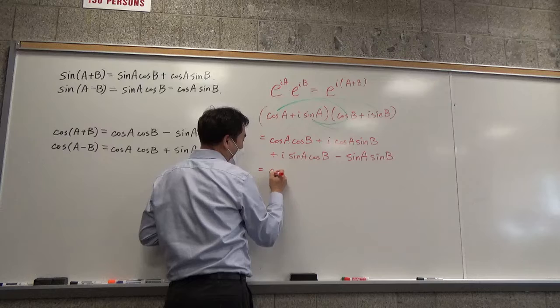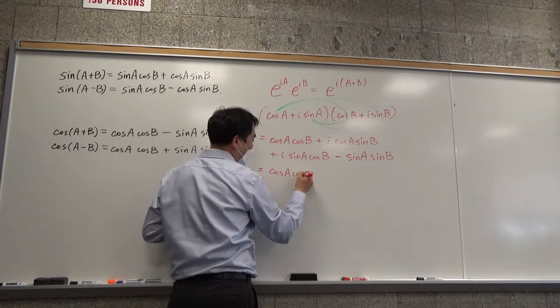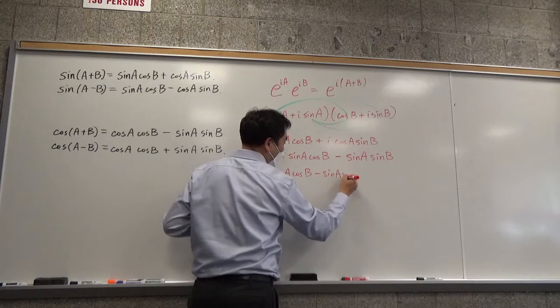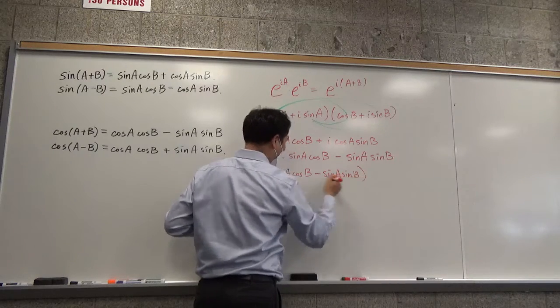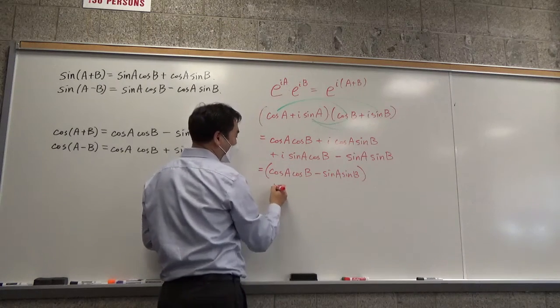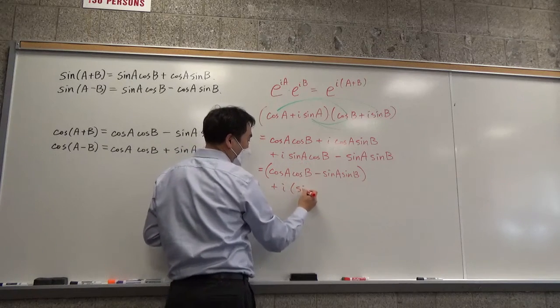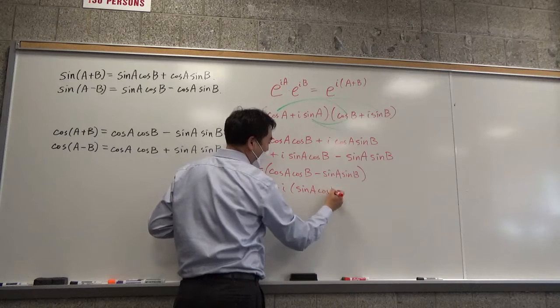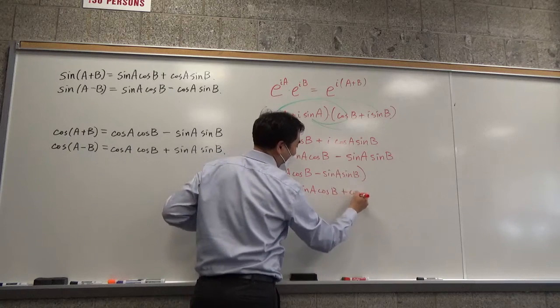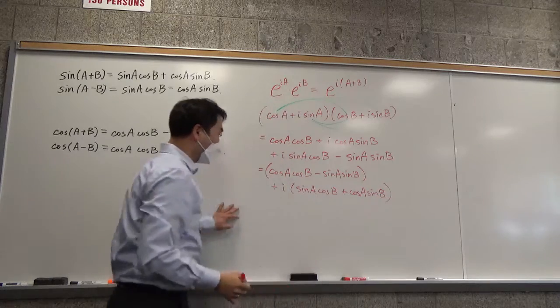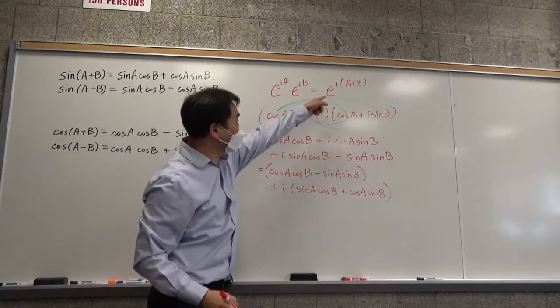So we can write down cosine A cosine B minus sine A sine B, plus i times the imaginary part, which will be sine A cosine B plus cosine A sine B. And then this has to equal this one, but what is this?